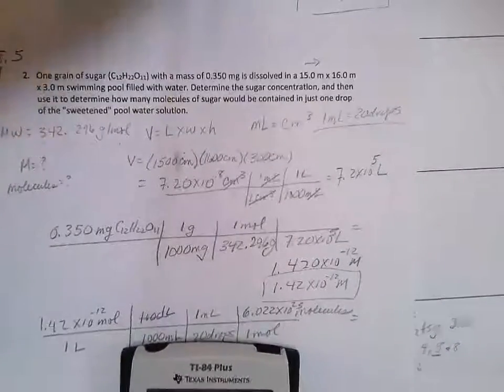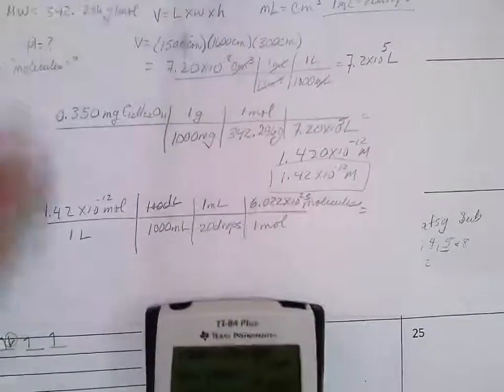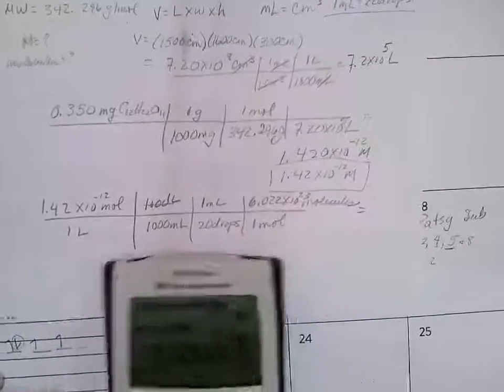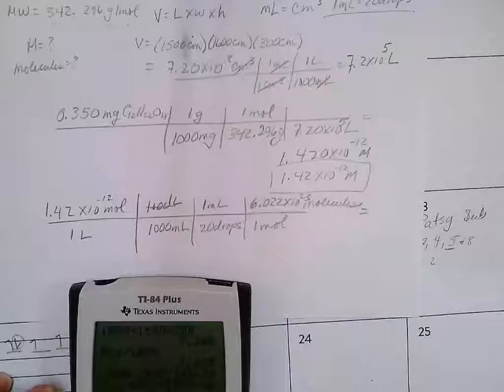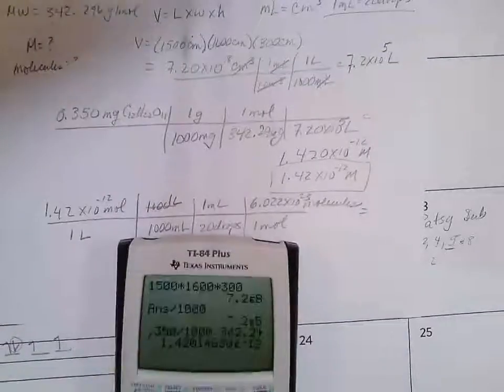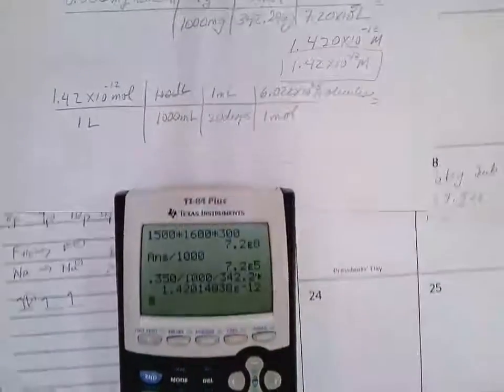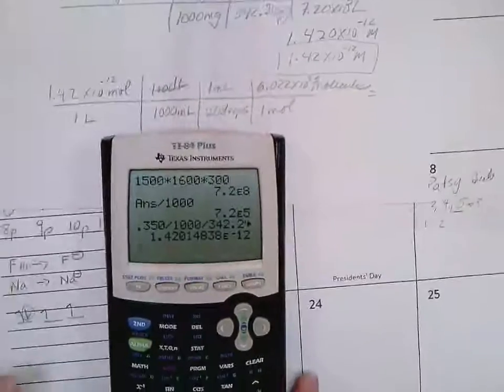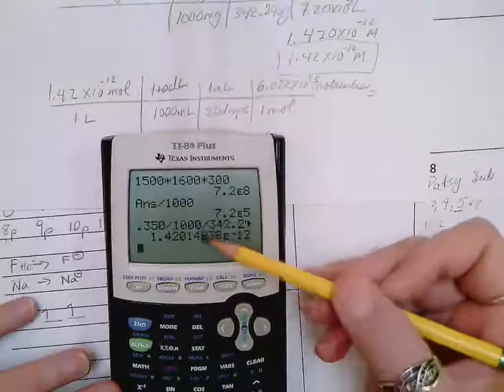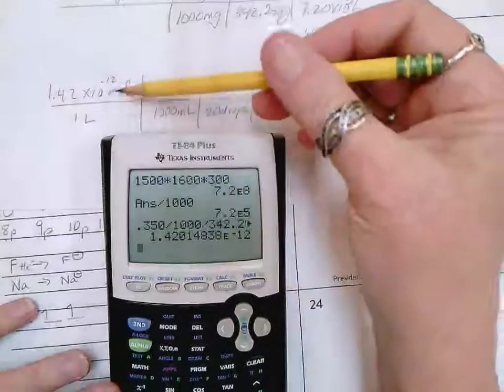I'm going to slide this down a little bit, so you can see it. I still have this answer here, and I'm going to use that because it's the starting point.